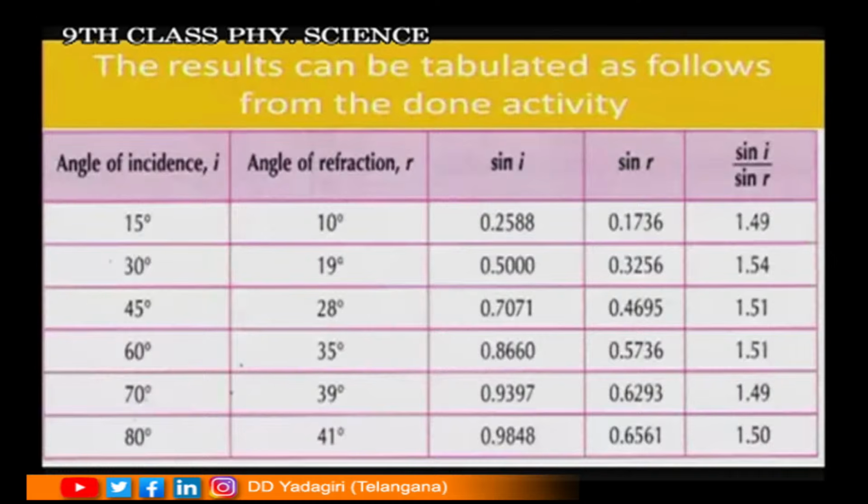So, the ratio of sin i by sin r gives the refractive index of the glass slab what we have used. So, as you see, for the various values of angle of incidence, there are different values of angle of refraction and the ratio of sin i and sin r appears to be constant.